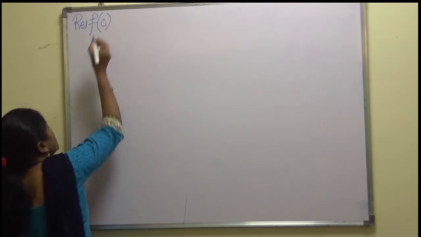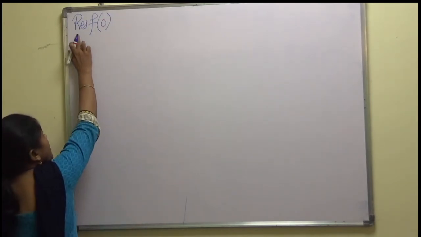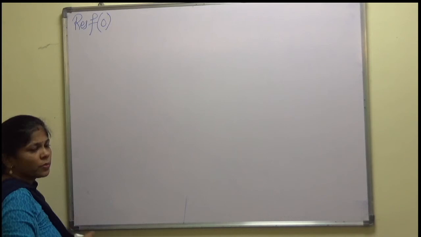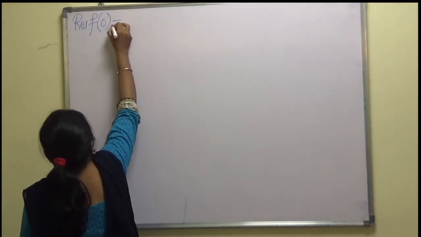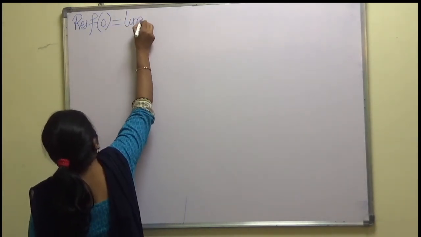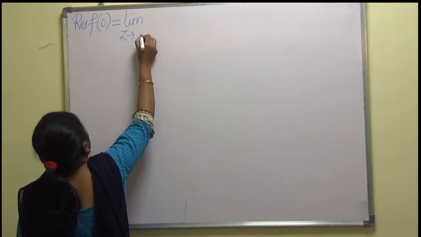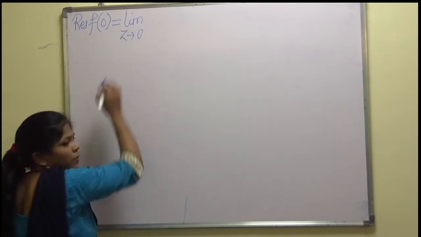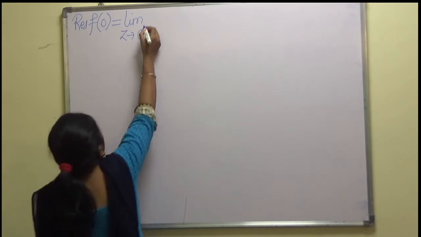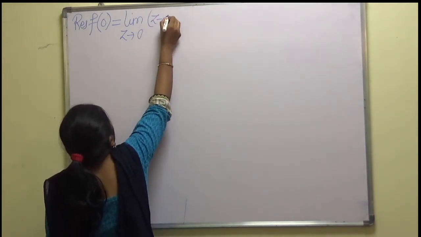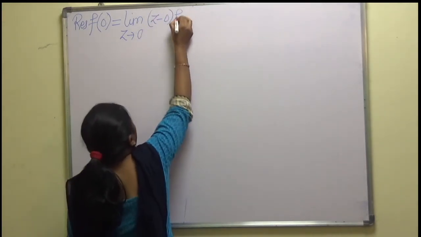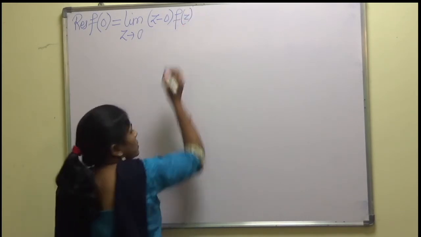We will put 0. So this is the residue of f of z at z equal to 0, and that is given by, according to the formula, the limit as z tends to a, where a is 0, of z minus a, again with a as 0, into f of z.